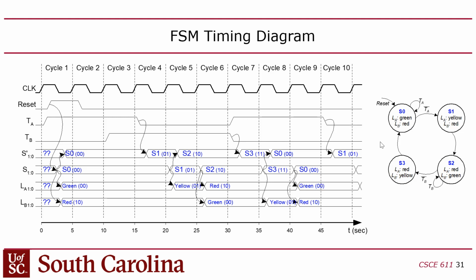And then remember that S1 is the yellow light on Academic, so you'll stay in that state for a fixed amount of time, 1 cycle, because you're going to go to S2 on the following rising edge. Once you're in S2, you're going to stay there until the Bravado traffic is 0.